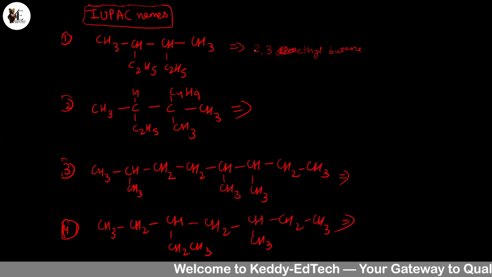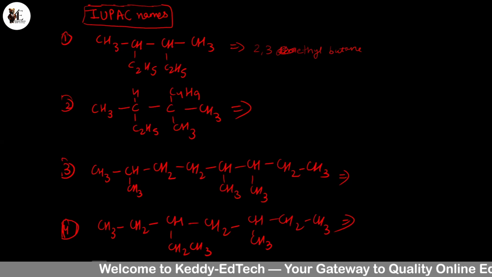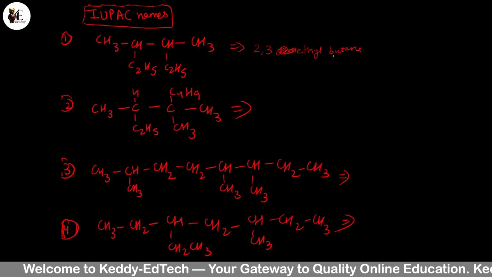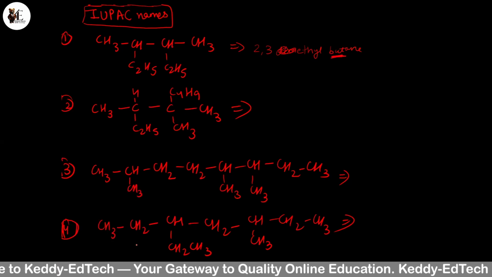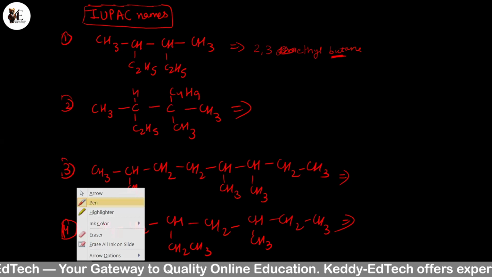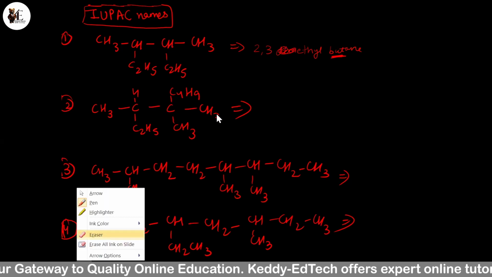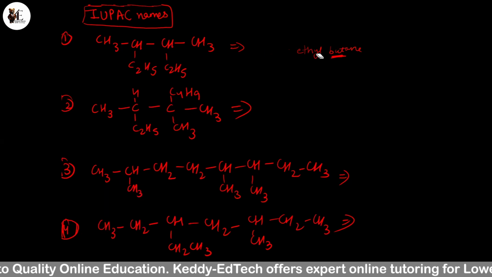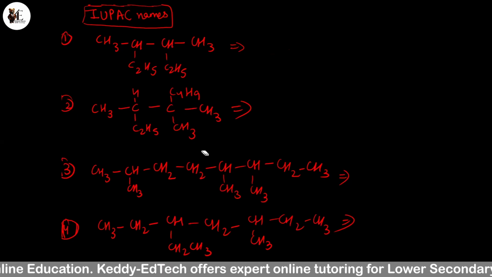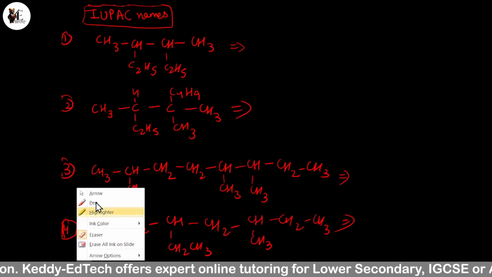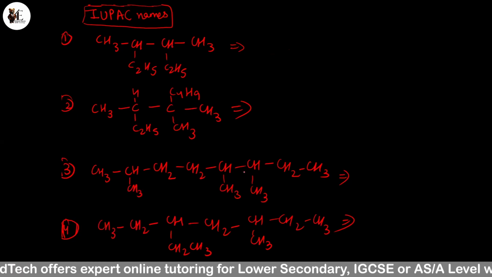Here the first rule is not applied, that you have to select the longest carbon chain. You are selecting only a 4 carbon atom chain, which is not correct. Look again and then tell me the answer again. This is completely incorrect. Select the longest carbon chain in continuity.